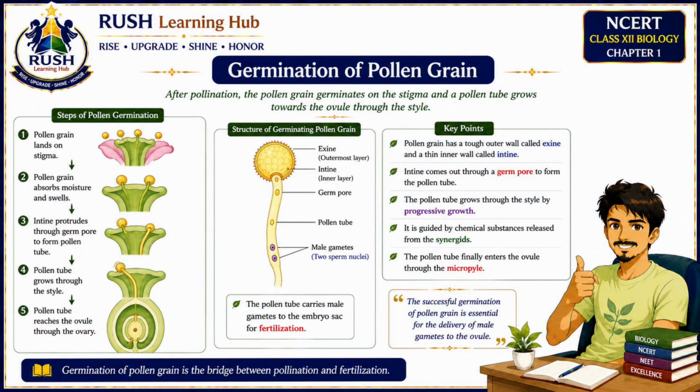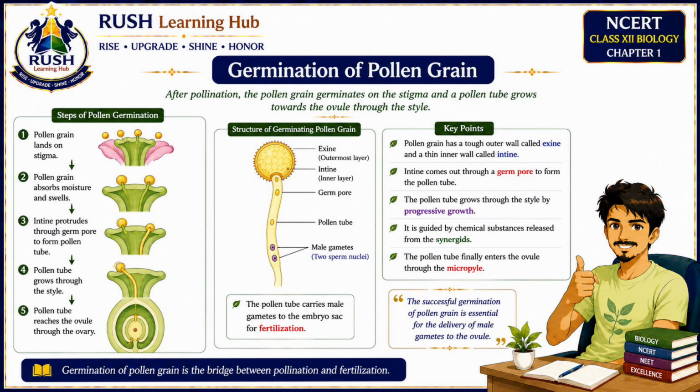After pollination, the pollen grain reaches a compatible stigma and begins the process of germination. The pollen grain absorbs moisture and nutrients from the stigma, causing it to become active. The intine, which is the inner wall of the pollen grain, protrudes through one of the germ pores of the exine and forms a pollen tube.